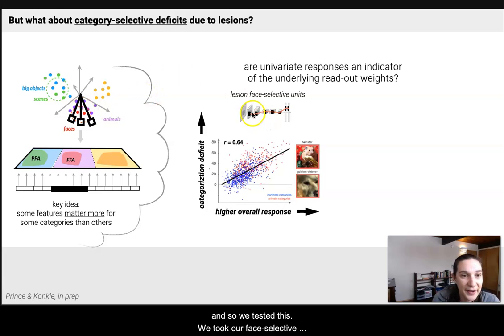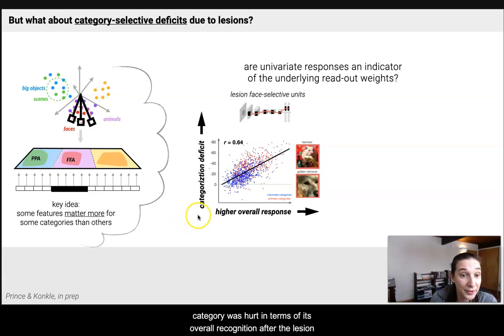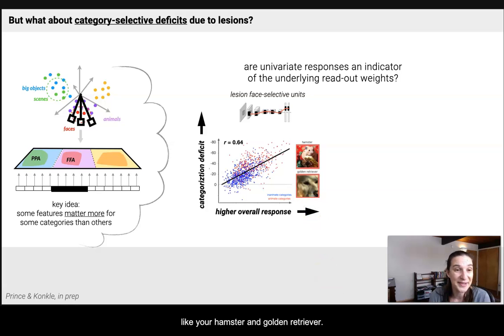So we took our face selective units and we measured the overall activation to all 1,000 categories in the ImageNet database. And then we lesioned them and we measured how much each category was hurt in terms of its overall recognition after the lesion. You can see the categories with the highest overall response also took the biggest hit in terms of recognition. And the ones at the extremes were mostly animals, like here, hamster and golden retriever.